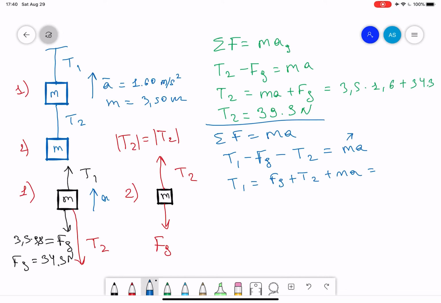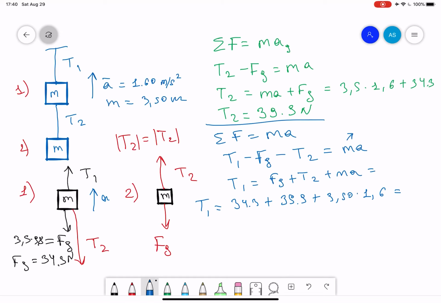So your tension 1 becomes: Fg was 34.3, plus tension 2 was 39.9, plus mass 3.5 multiplied by acceleration 1.6. Now let's add them all: 34.3 plus 39.9 plus 3.5 multiplied by 1.6.